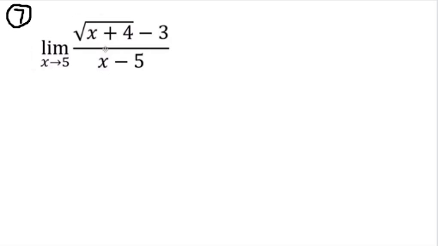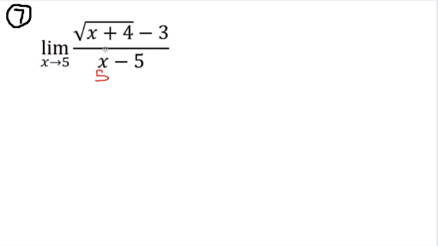All right, one more little algebraic manipulation trick that you may have forgotten about. If I plug in 5 here, I get a 0 in the denominator. Problem, so we need to do some algebraic manipulation, which you may or may not have forgotten about, using the conjugate.